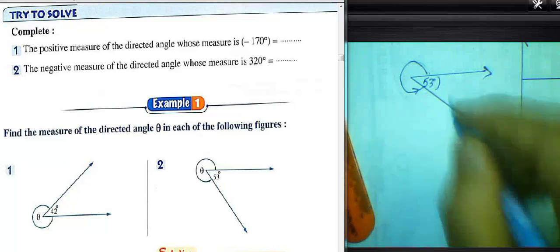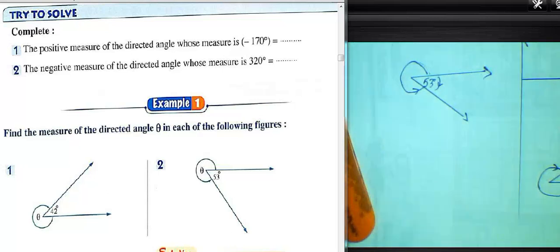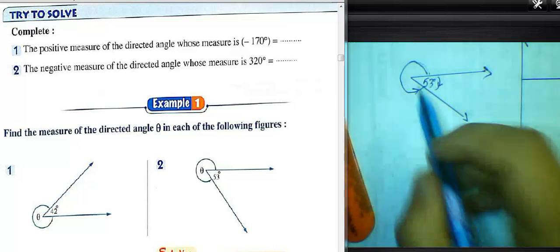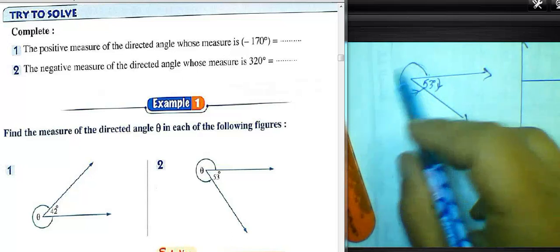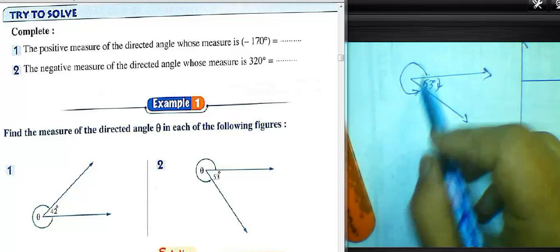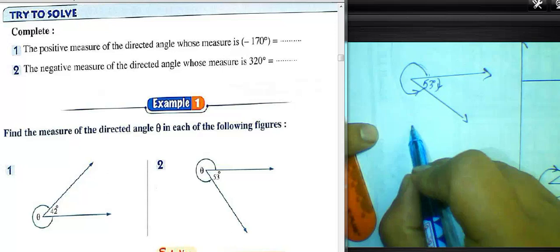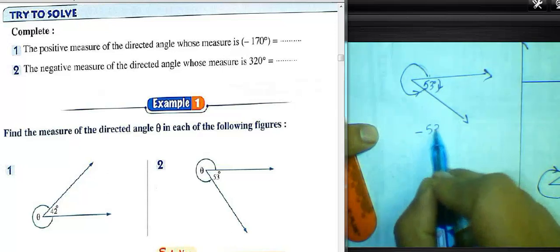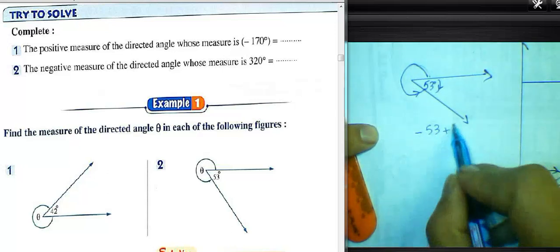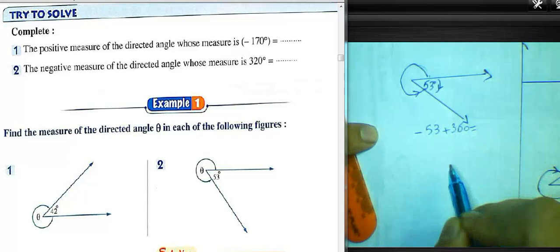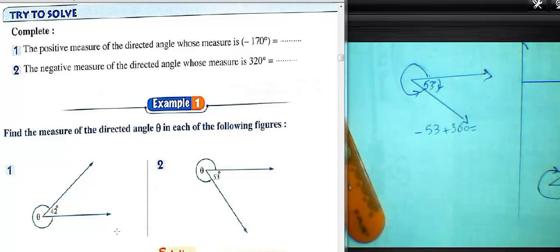The angle is 53, the sign will be negative, and the direction is anti-clockwise, so we can write negative 53 plus 360.